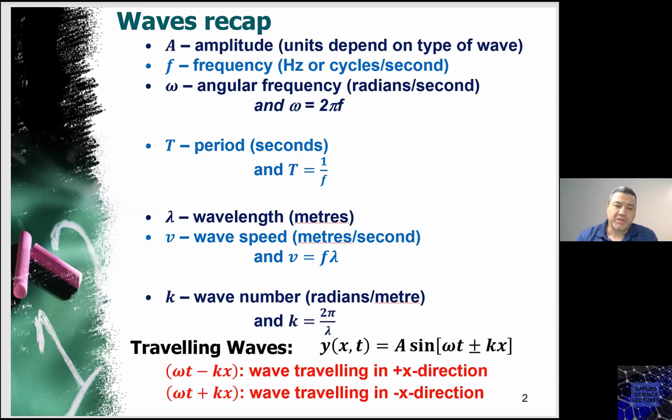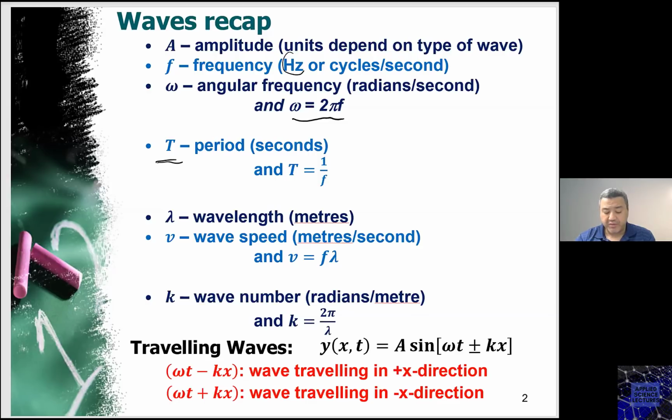We have introduced waves, and we said that our traveling waves have an amplitude A, which is the maximum displacement, a frequency f with the unit hertz, and an angular frequency in radians per second that equals 2 pi f.